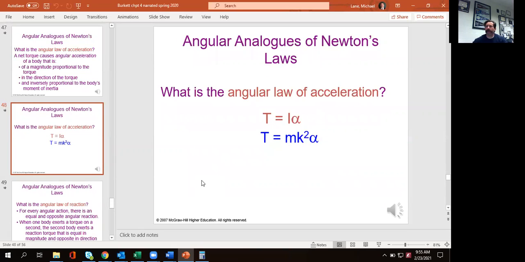So let's go ahead and work our way through a kind of simple problem here, okay? Let's say you are looking at those little carousels as a kid that you would push, they'd rotate, and you'd hop on and spin around.